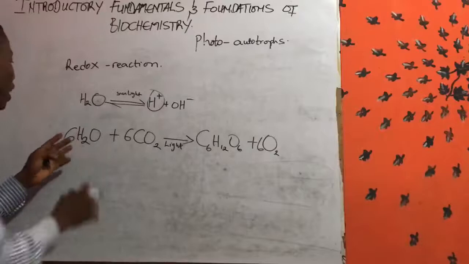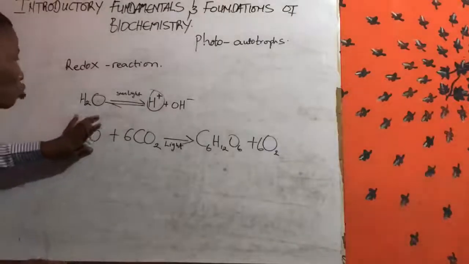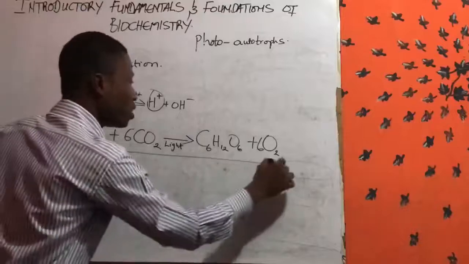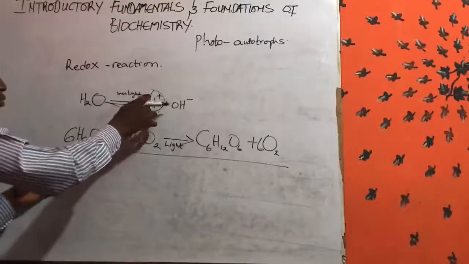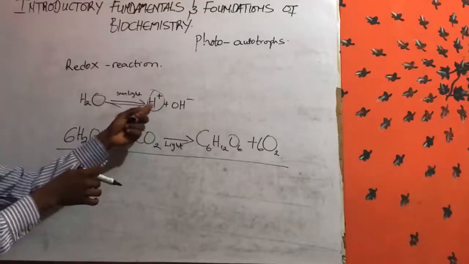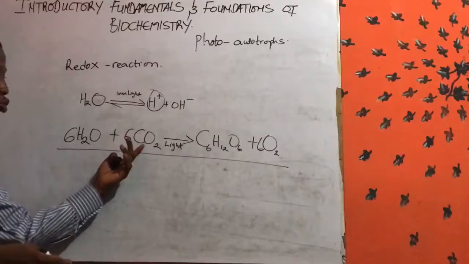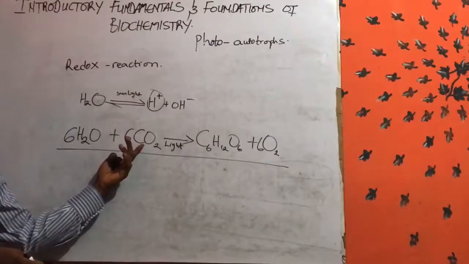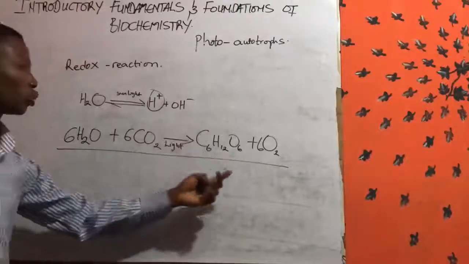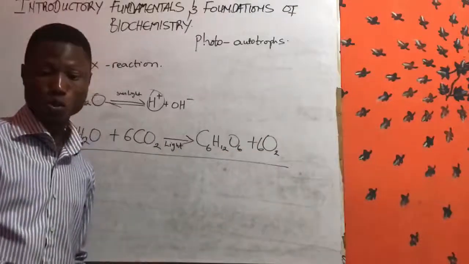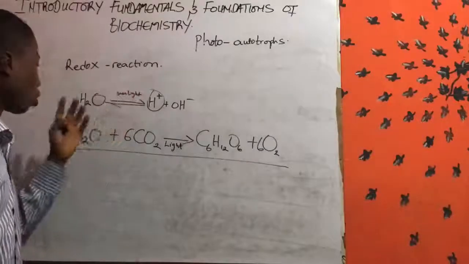At the end of the day, all the chemical reactions that occur here to drive this process occur as a result of splitting water. The electron from the split water is passed down to CO2 such that sugar is produced and my OH is reoxidized back to oxygen.